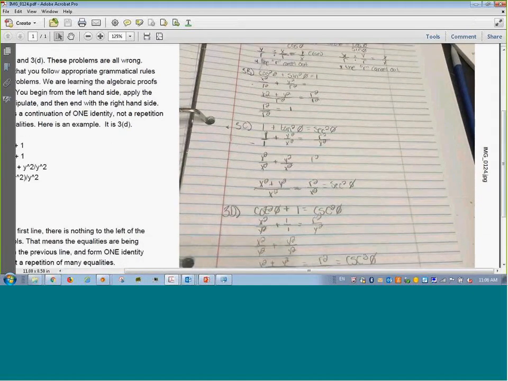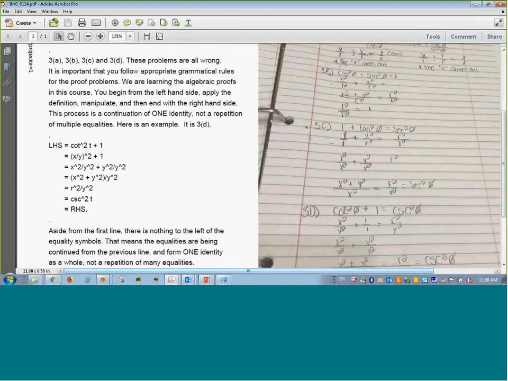And as I did my comments over here, I took a lot of points off and then gave some individual feedback here along with a suggested grammatical rule. How does the proof work?